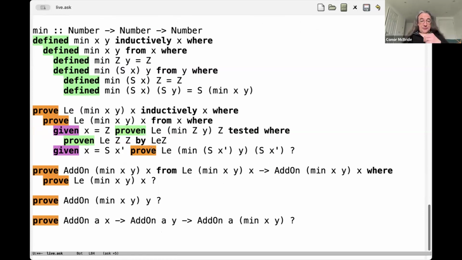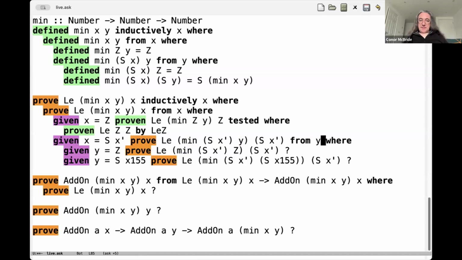Okay. What happens next is, again, we've got this thing here. We don't quite know what it is yet. It's currently stuck. Let's get it unstuck. And I'll just fix up names.